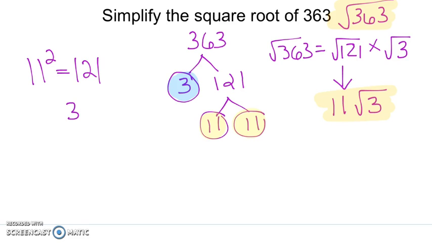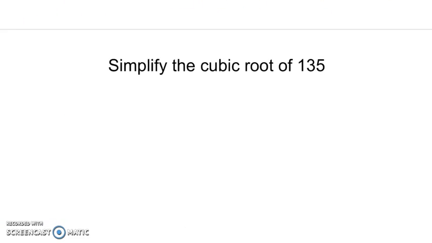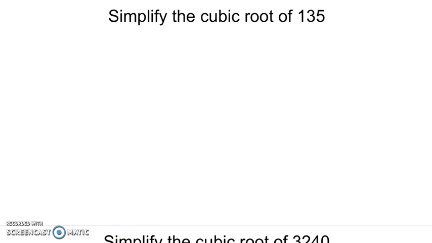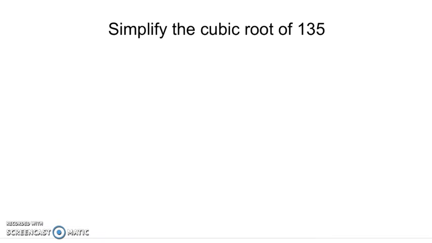You can do the same method with cubic roots, but when you do it with cubic roots, you're looking for sets of 3 numbers that appear in your factor tree, because cubic root is a number multiplied by itself 3 times. So I need the cubic root of 135. Do a factor tree.